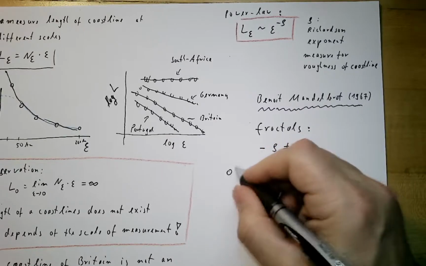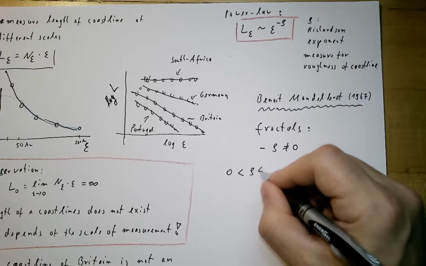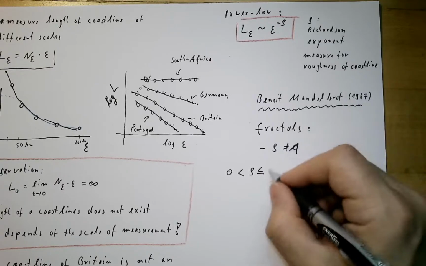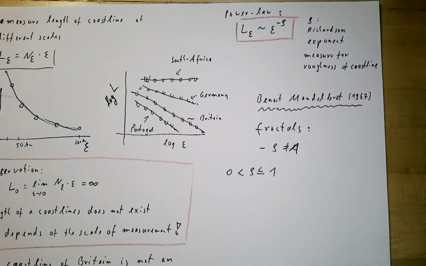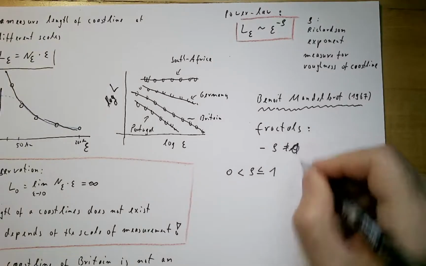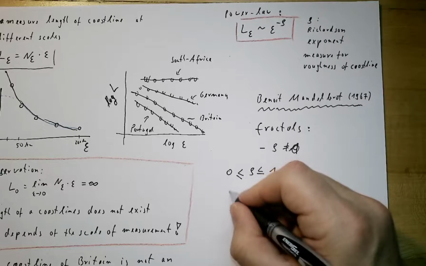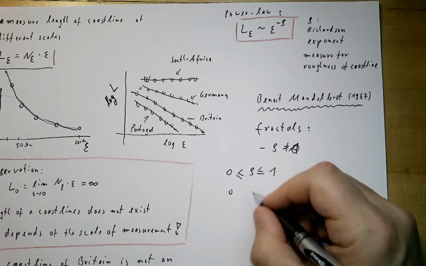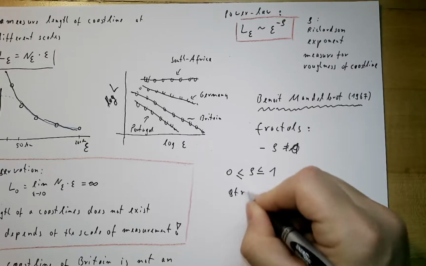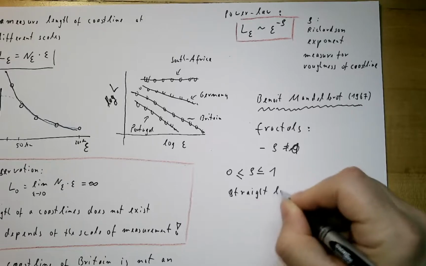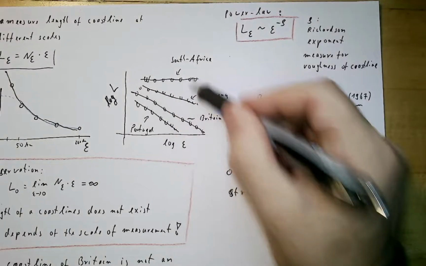So the roughness, the Richardson exponent, is a number which for an object of normal geometry, an object of Euclidean geometry, like a straight line, is a roughness exponent of 0. That would be South Africa.